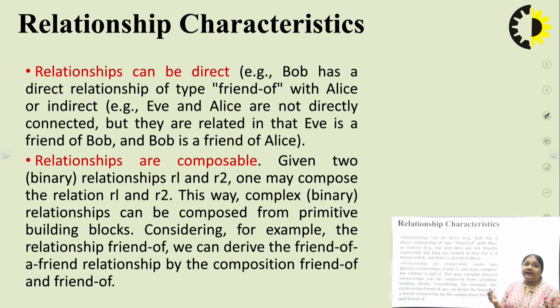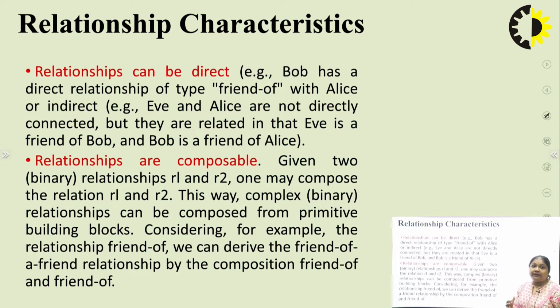Relationships can be direct. Example, Bob has a direct relationship of type friend of with Alice, or indirect. Eve and Alice are not directly connected, but they are related in that Eve is a friend of Bob and Bob is a friend of Alice. So relationships may be direct or may not be direct.